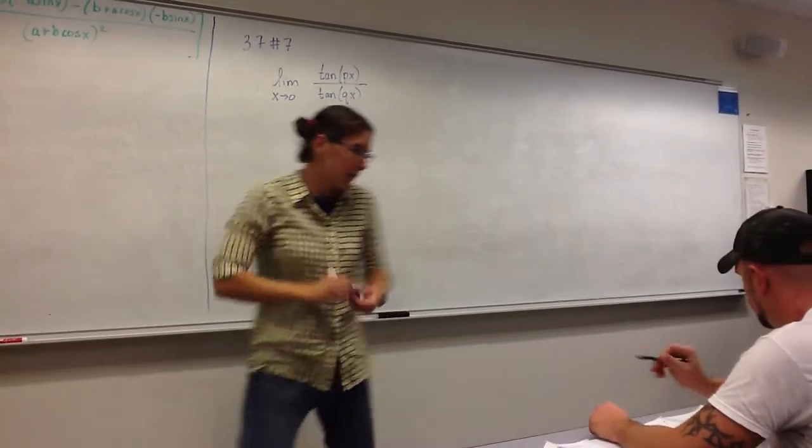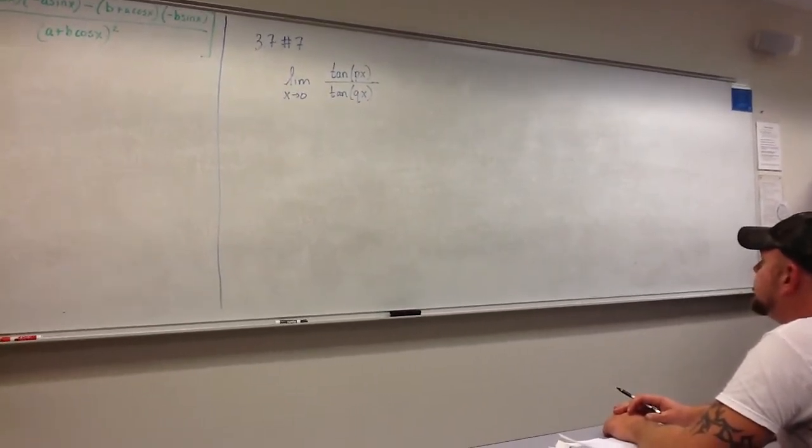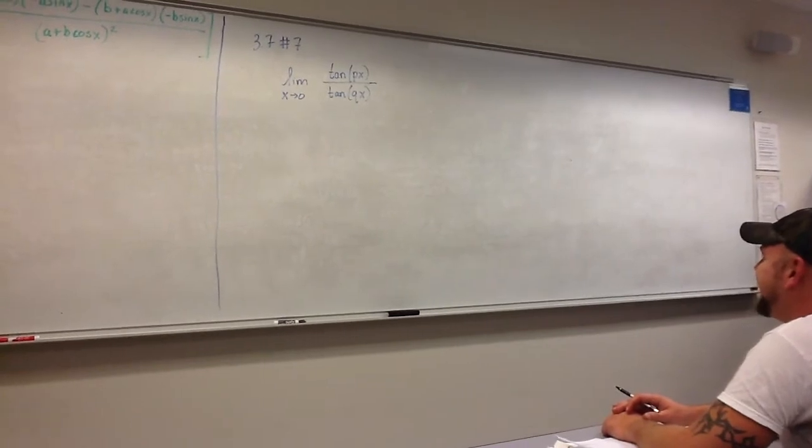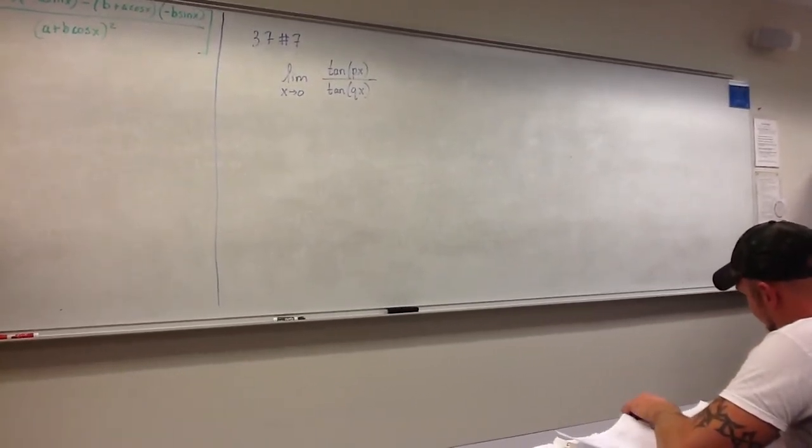Okay, so Andrew, what were your thoughts when you first looked at this? I don't know. Okay, so you wrote it down on your paper and you said, I'm not sure what to do.